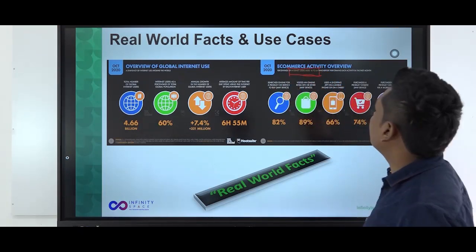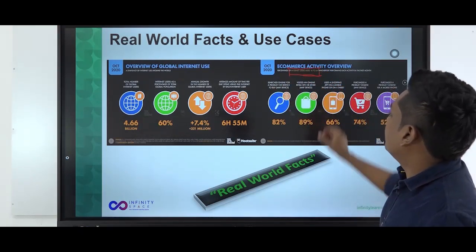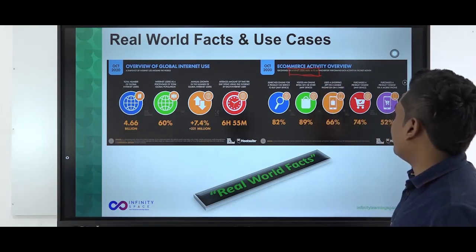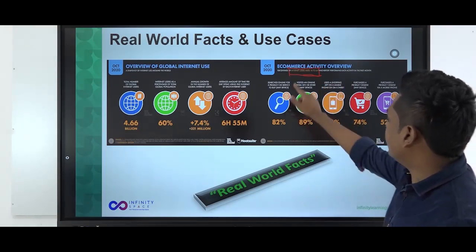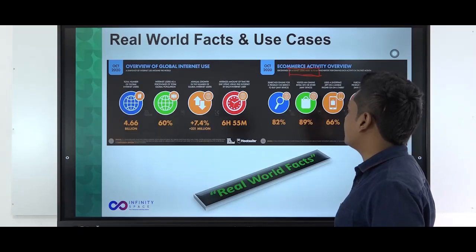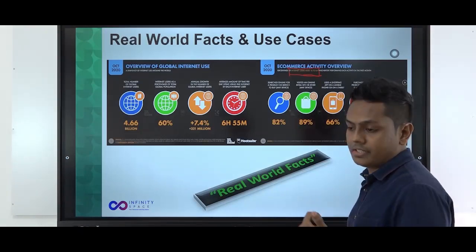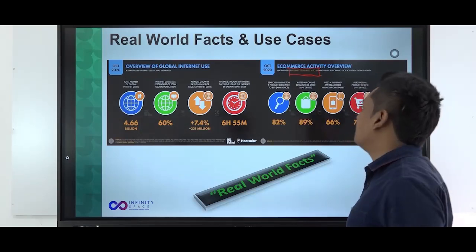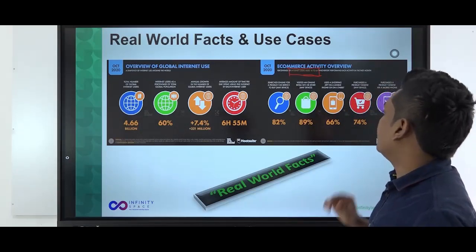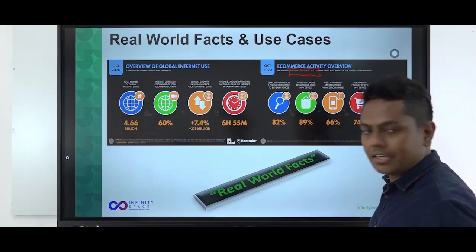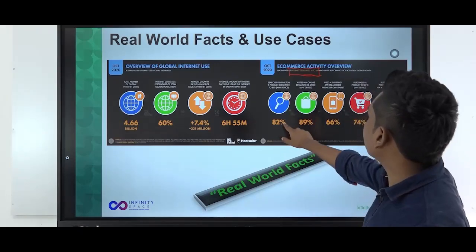Internet users aged 16 to 64 searched online for a product or service to buy. They have searched through websites or their mobile browsers to buy certain products by using any kind of device, 82%.